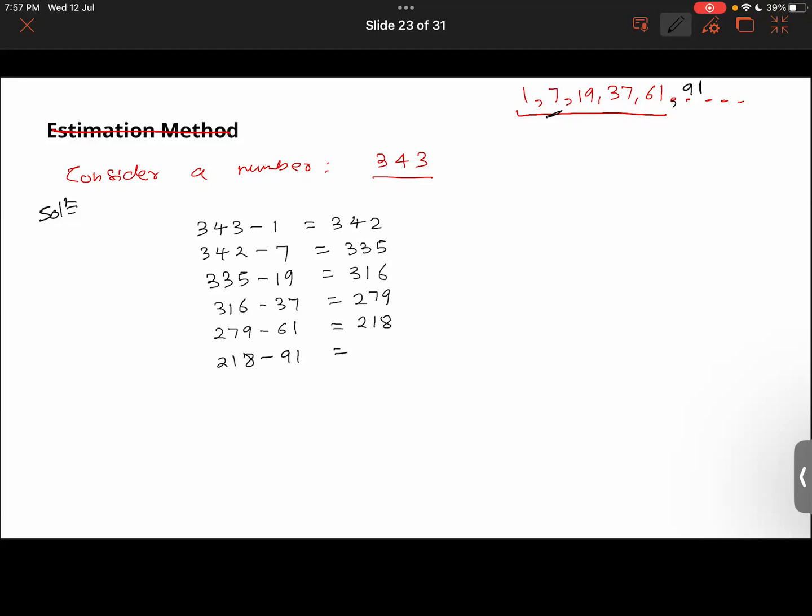So 218 minus 91 is 127. And after 127, which number should be subtracted from it? Based on the pattern, answer me.